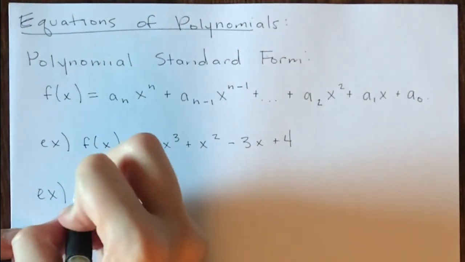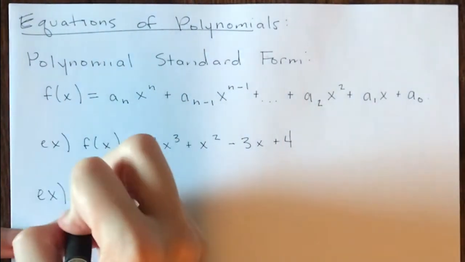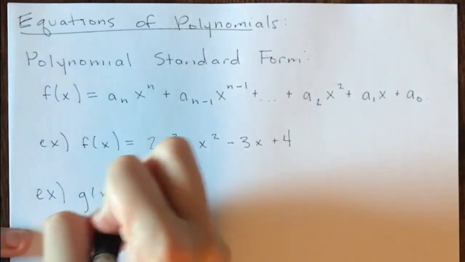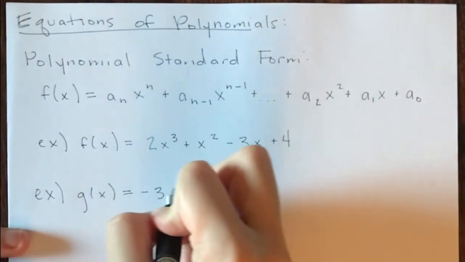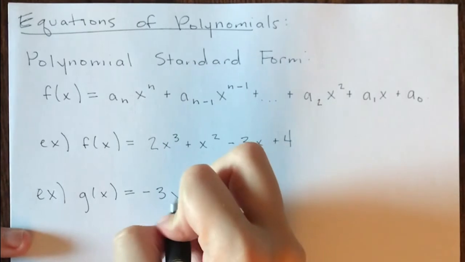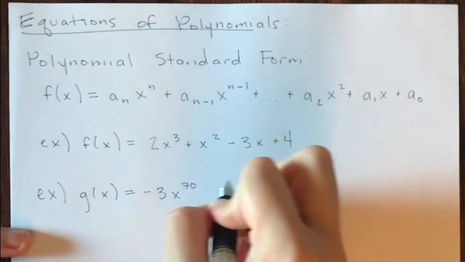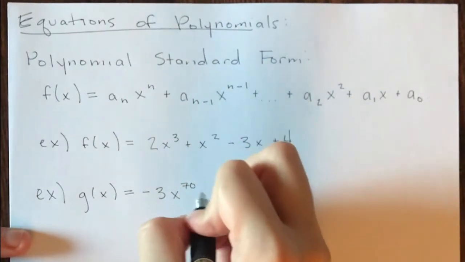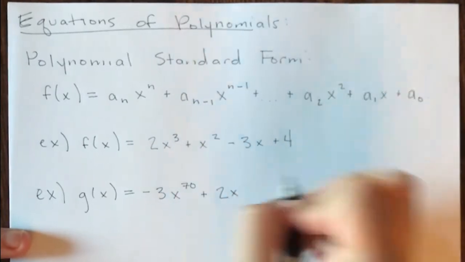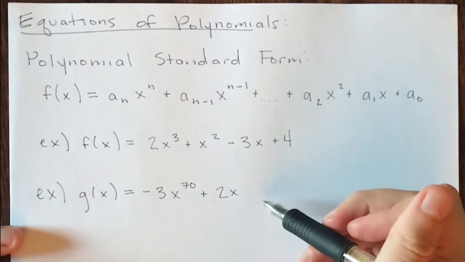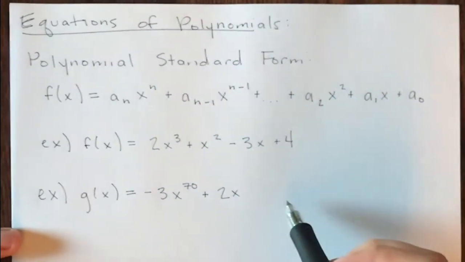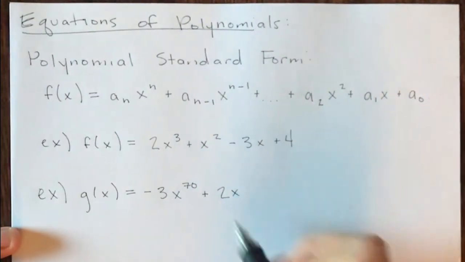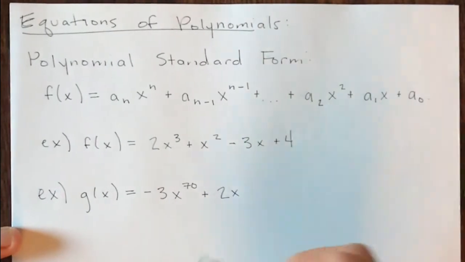Okay, let's look at another. Let's say we have g of x equals, again I'm leaving some space, 3x to the 70. Just making up kind of a crazy example. This is also a polynomial. It doesn't have every term listed out like the previous one does, but it has 2. That's okay. Sometimes we have missing terms.